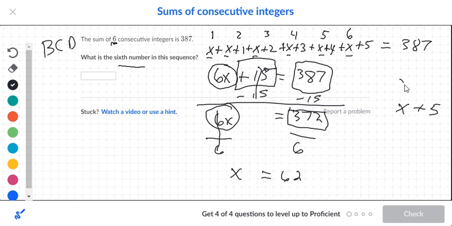We already know that x is equal to 62. So we can just say 62 plus 5, and this is going to equal 67. So 67 should be my consecutive number here.